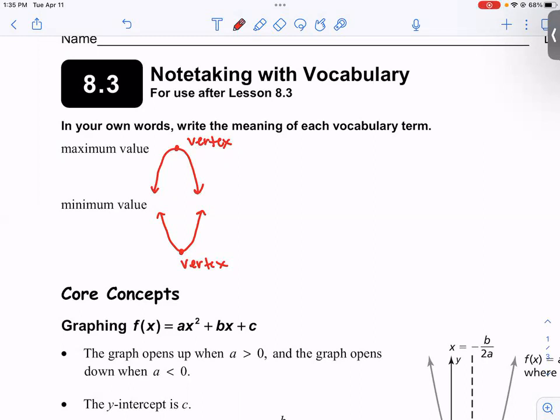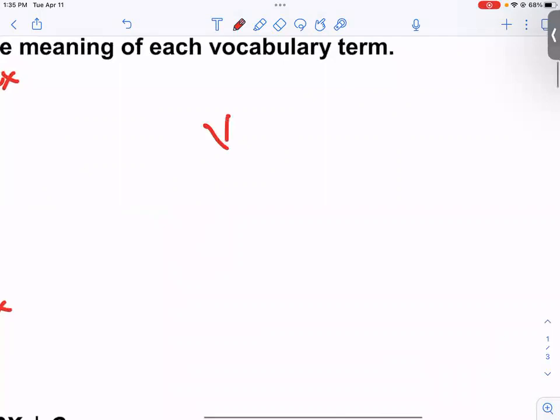Now, we have only looked at parabolas that have had a vertex at x equals 0, right? We've talked about, don't write this down, parabolas that look like this and how A affects the width of our graph, or if it's negative, turns it upside down.